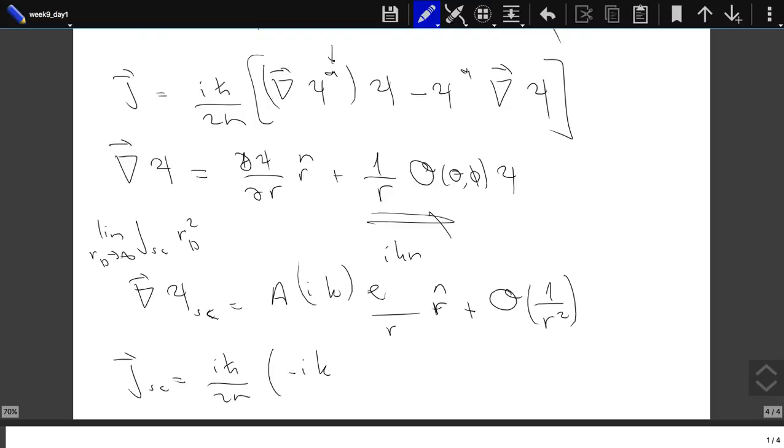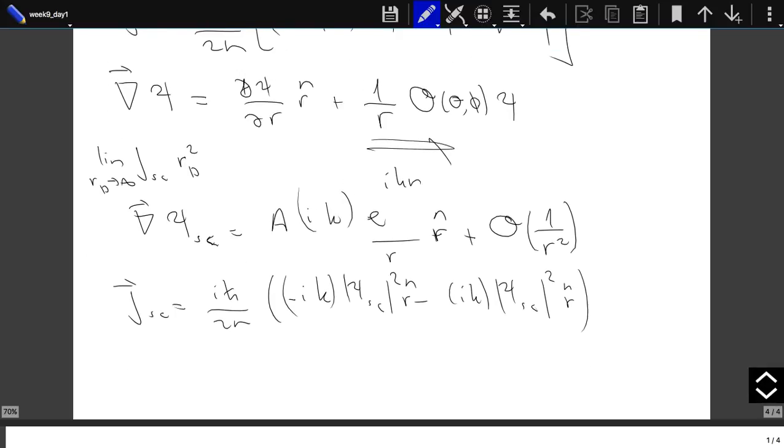In the first term, we are taking the gradient of the complex conjugate, psi scattered squared, minus just ik in the r hat direction times psi scattered squared, again in the r hat direction. And again, this just gives us h bar k over m.